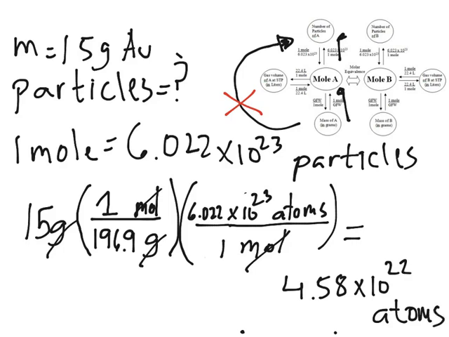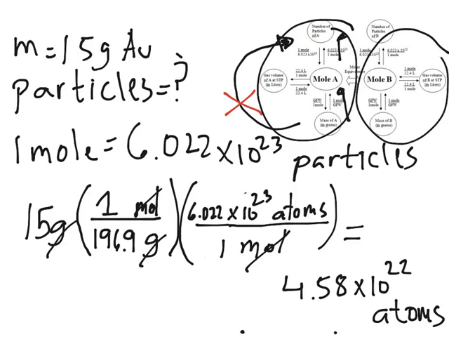So I've shown you how to go from mass to moles, and now from mass to particles. The same logic applies from mass to volume, so you can do that. I'll do something different now. You saw that there's a part A and a part B. I'm going to explain what that means.